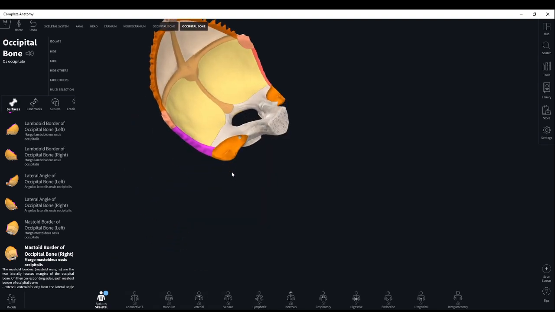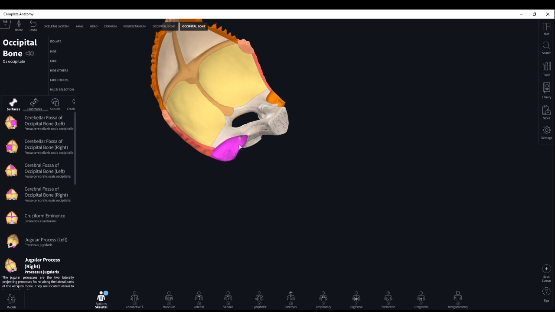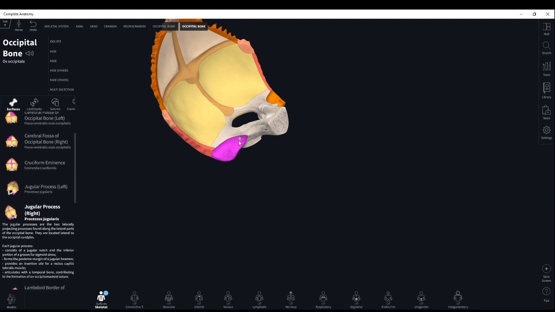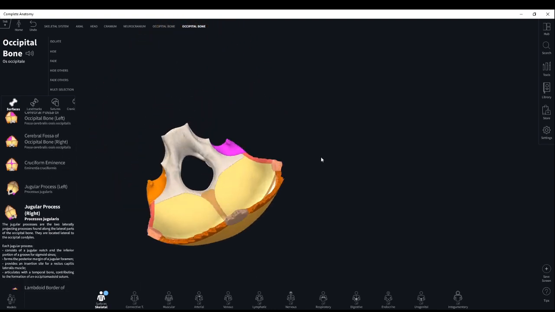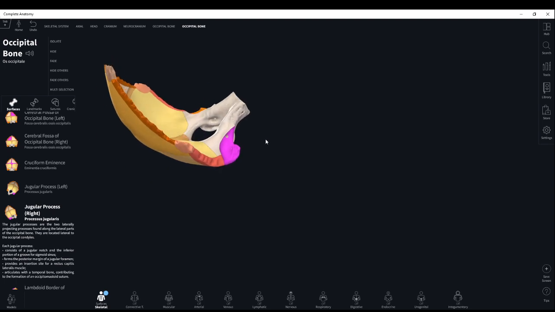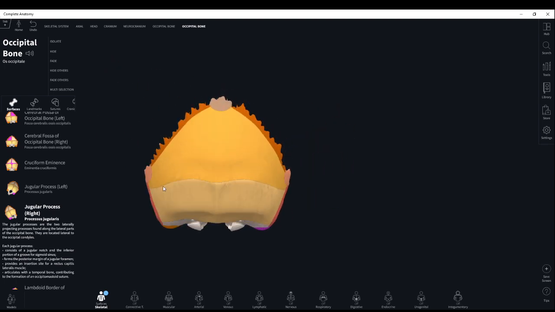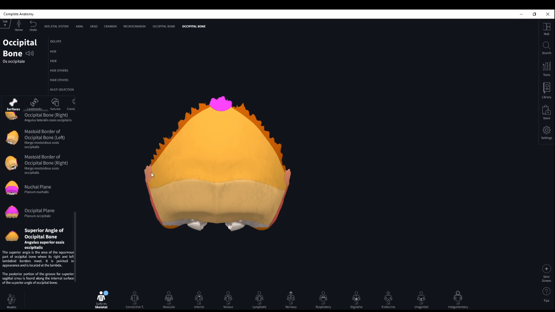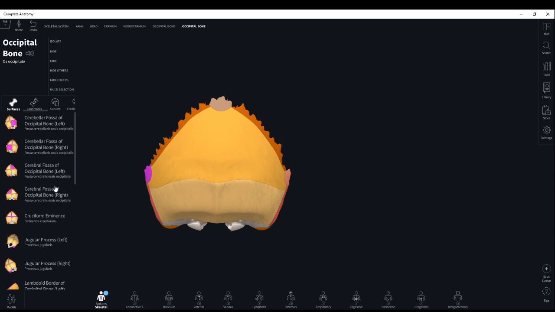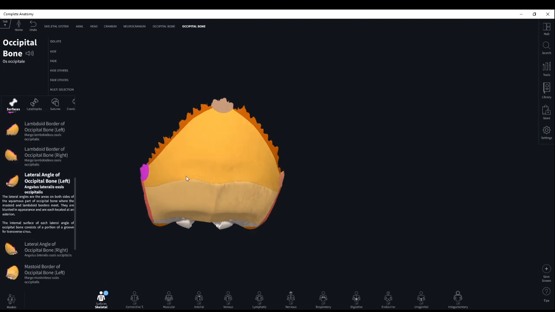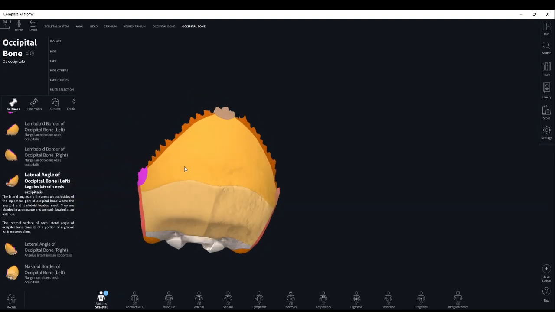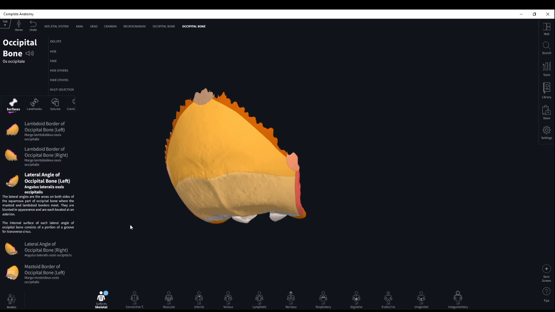Also it has a jugular rim, with structures which later form the jugular foramen. It also has angles: the superior angle, angulus superior, and the lateral angle, also called the mastoidal angle of the occipital bone.